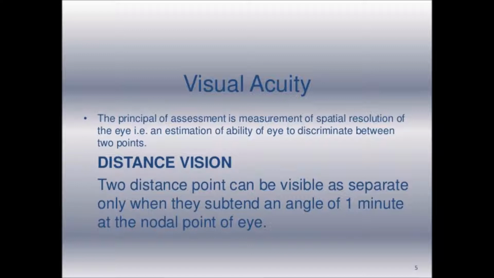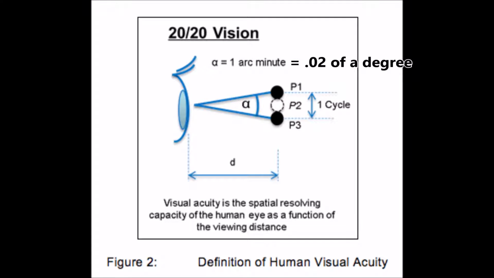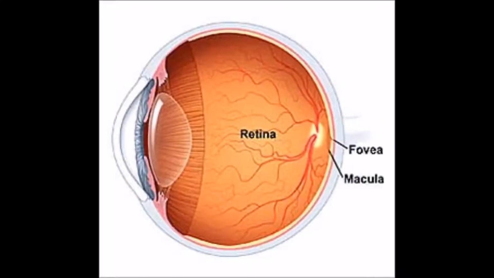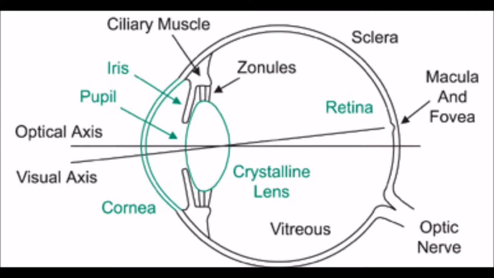The angular resolution limit of human vision is about 1 arc minute, or 0.02 of a degree. And that 0.02 of a degree represents an angle. Once light comes in at a smaller angle, we cannot see it. The cells on our retina cannot resolve anything smaller than 0.02 of a degree.